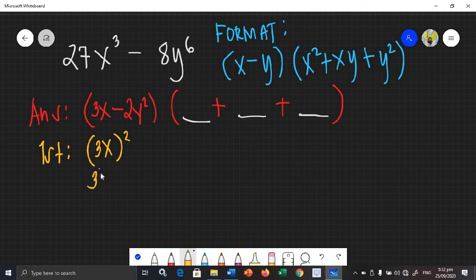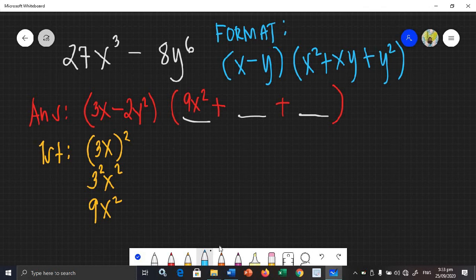So simply 3 squared x squared, di ba? Simplifying this, so yeah, 3 squared, that is 9x squared. And now we have here 9x squared. Okay?